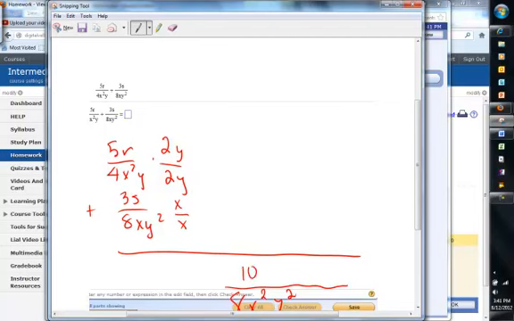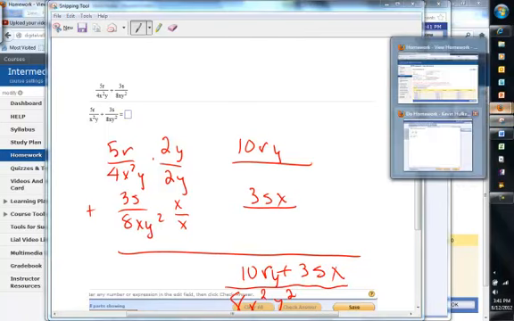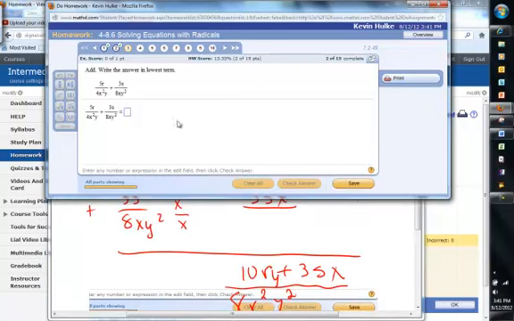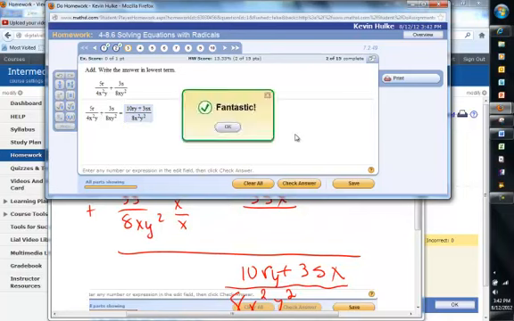So we have 10ry, and this is 3sx. So we have the fraction 10ry plus 3sx over 8x squared y squared.